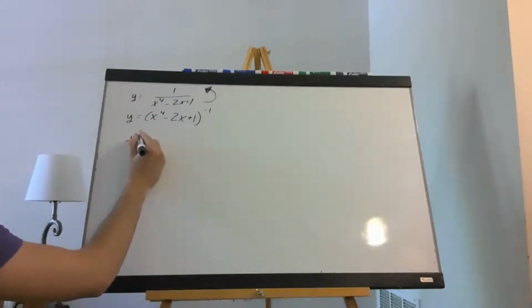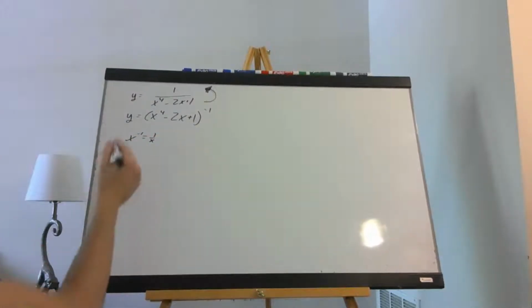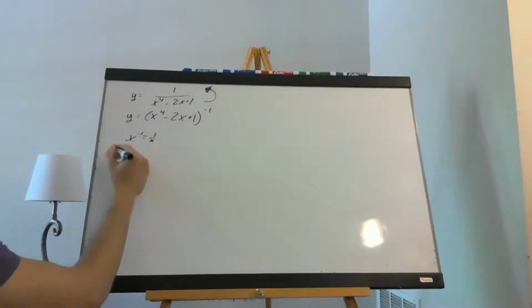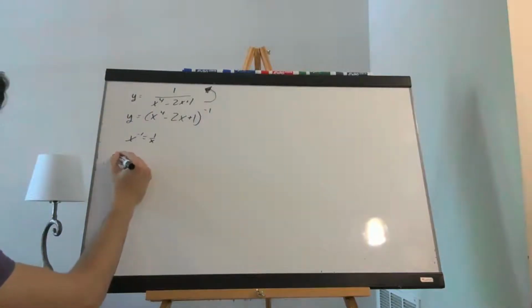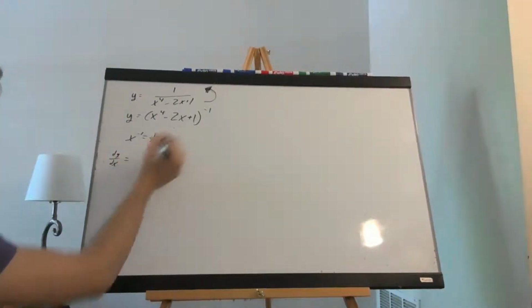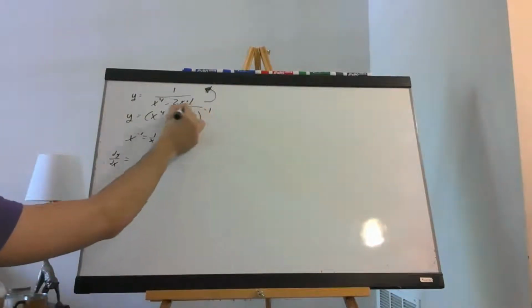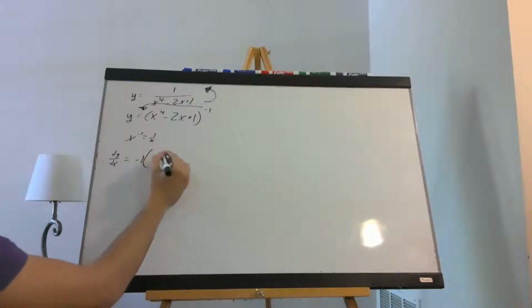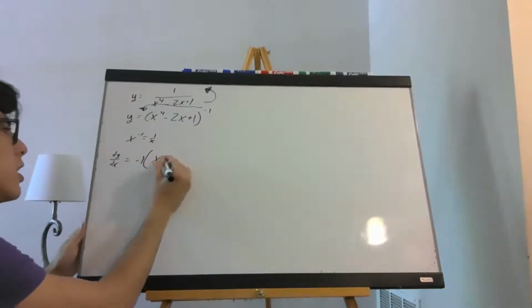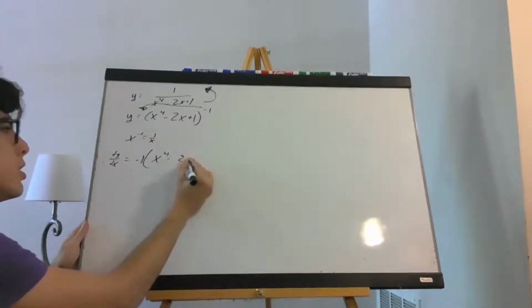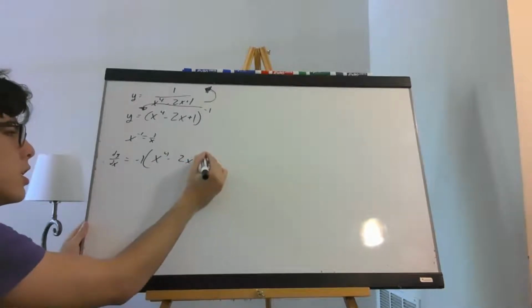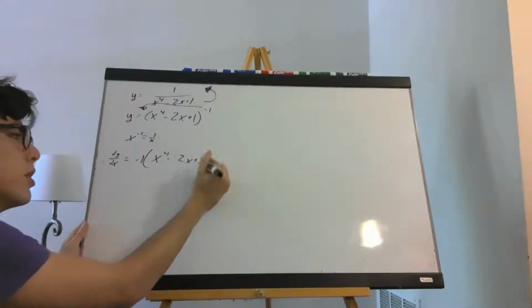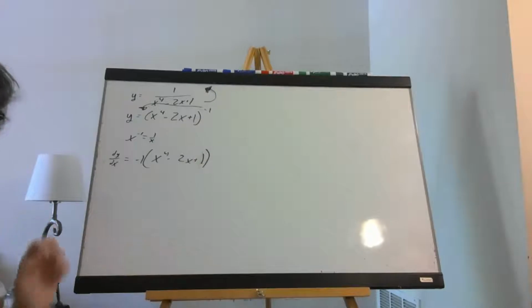We all know that x to the negative first is equal to 1 over x. So now if we want to differentiate this, dy/dx is going to be equal to, first we got to do the power rule, bring that negative 1 out front, then multiply it by the inside, x to the fourth minus 2x plus 1.